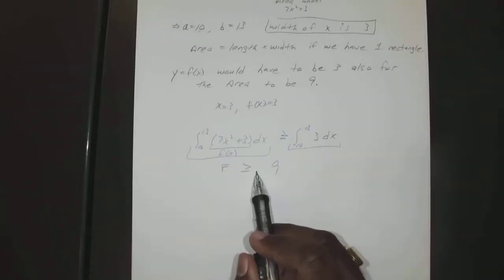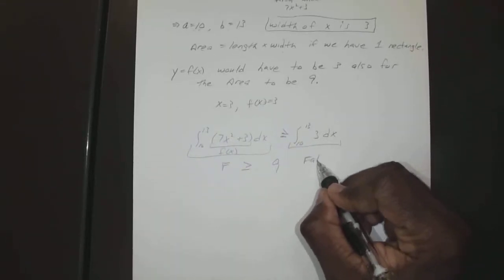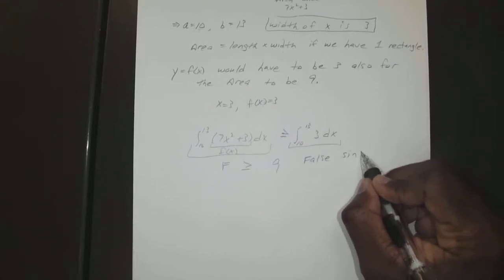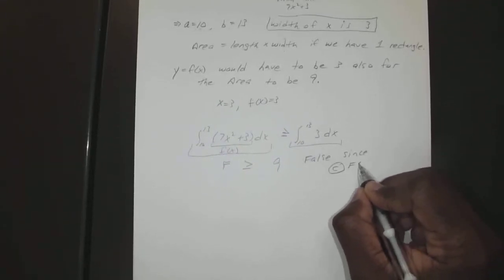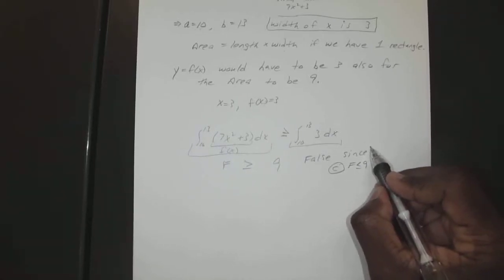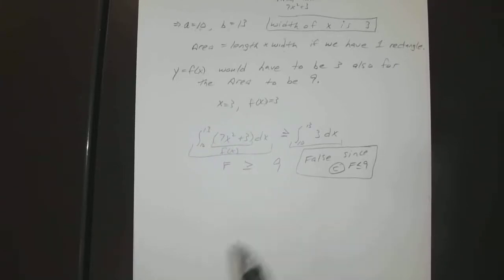Okay, so remember, this is for part C. This is actually false, since we were looking for f less than or equal to 9. That's what we were looking to prove, but we ended up proving the opposite.